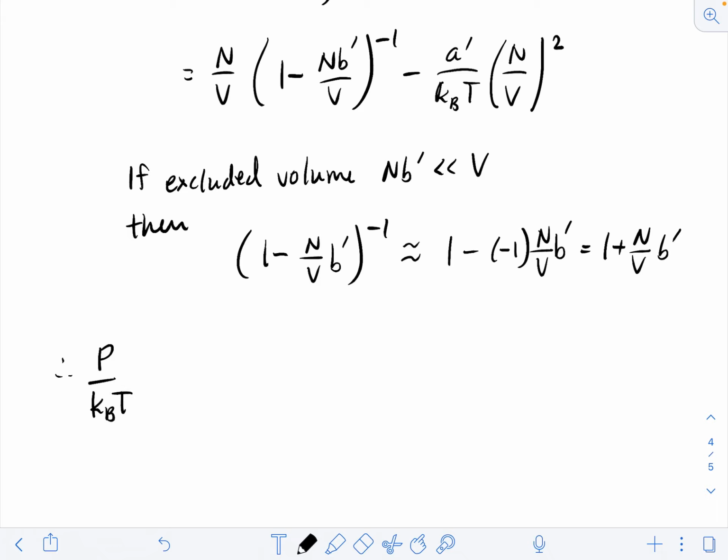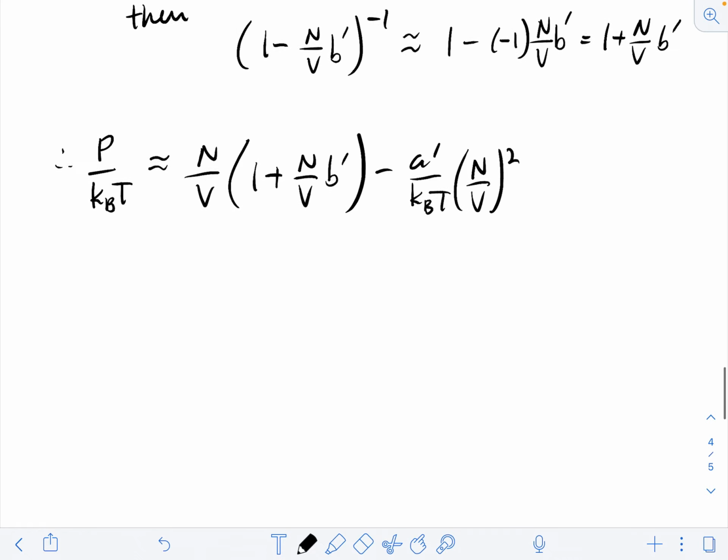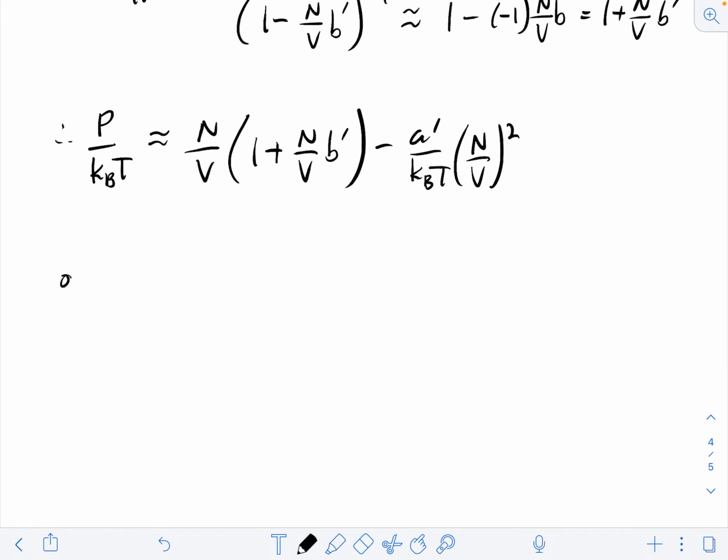And when we do that, P over kBT is going to be approximately n over V, and then our approximation was 1 plus n over V b', and then we still have minus a' over kBT, n over V squared. Or let's multiply both the left and right hand side by V over n.